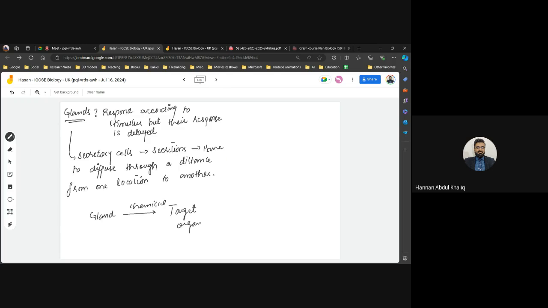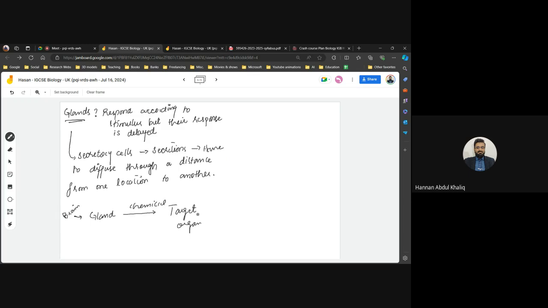So now the gland, obviously, is going to receive a stimulus from the brain. Suppose that brain tells the gland to secrete this.